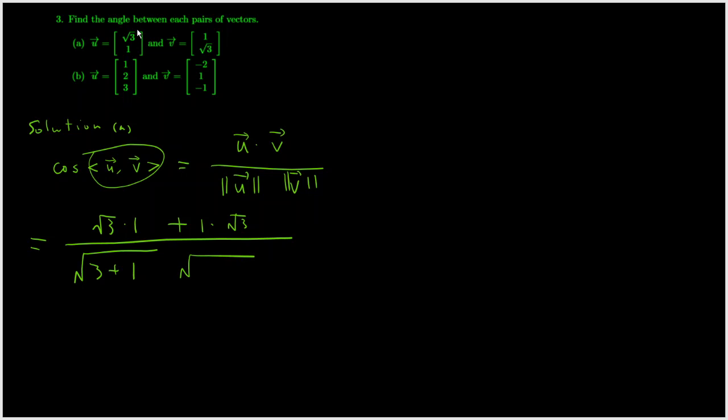I'm running this a little bit slow. Okay, I think you can follow me. You should be okay. And then the length of v, 1 squared is 1, right? And then you have the second component squared, you have 3.